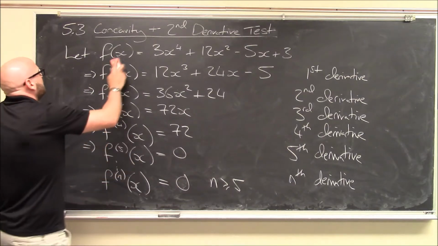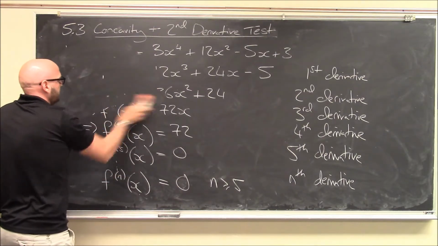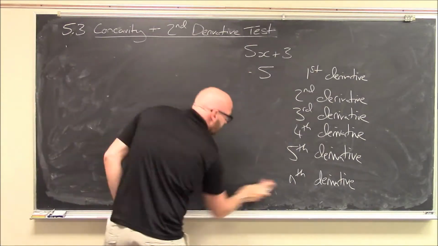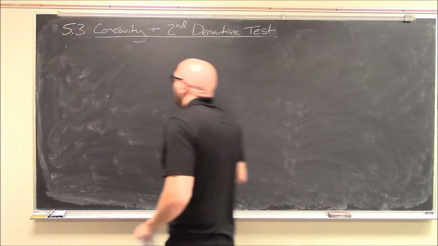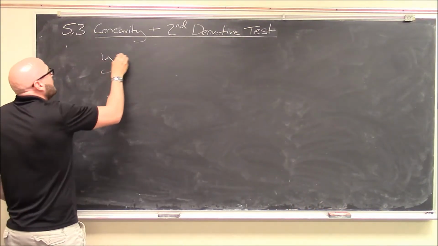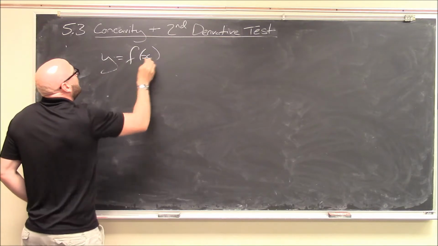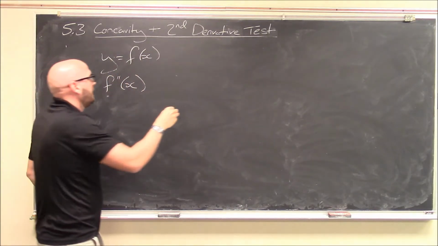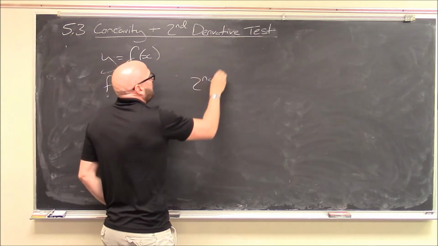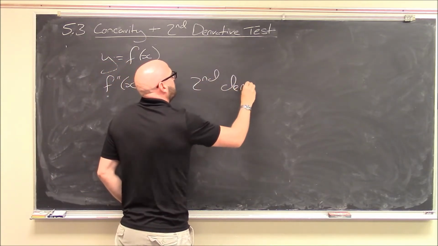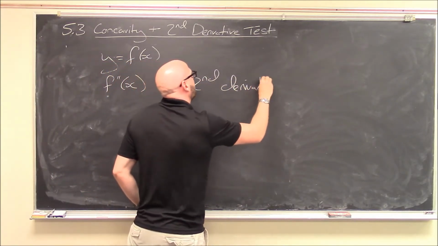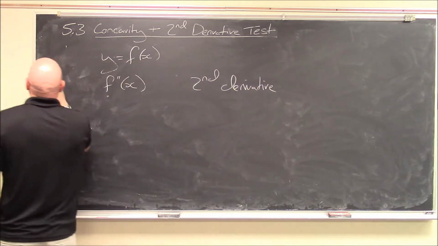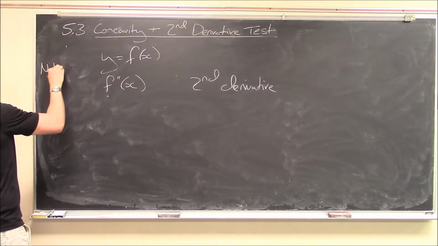Let me point out some additional notation here. Right, so we had y equals f of x, and then we've got f double prime of x, and I said there's notation for the second derivative. Alright, so we're just making some notation remarks.